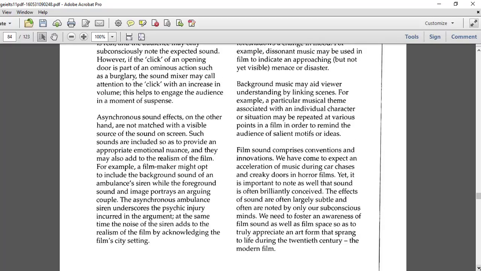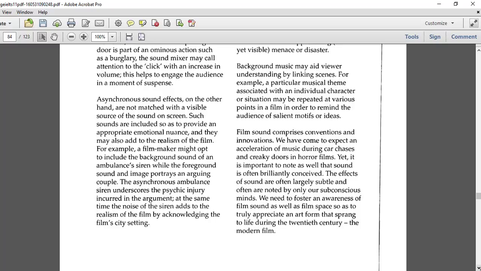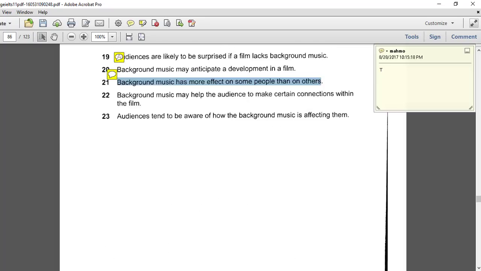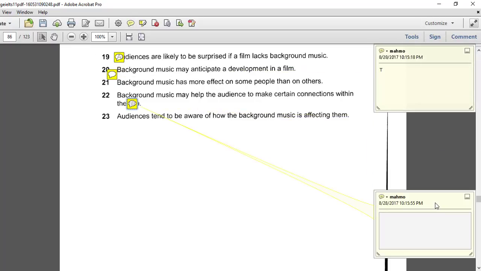No. Film sound comprises conventions. No, there is nothing here about one person over the other until the end of the passage. So it's definitely not given because it does not compare between people over others. So it's not given.